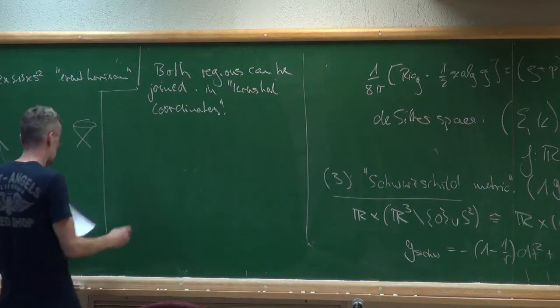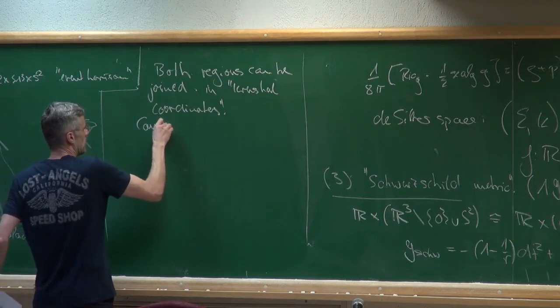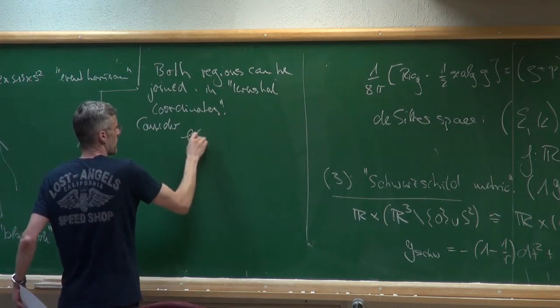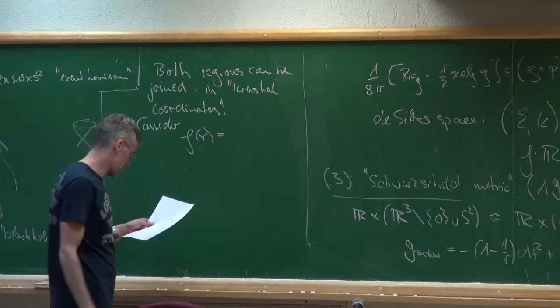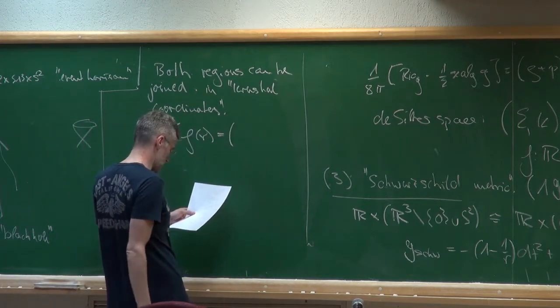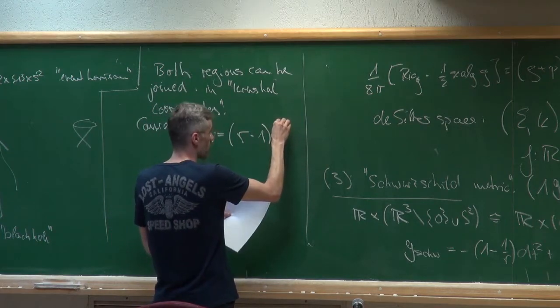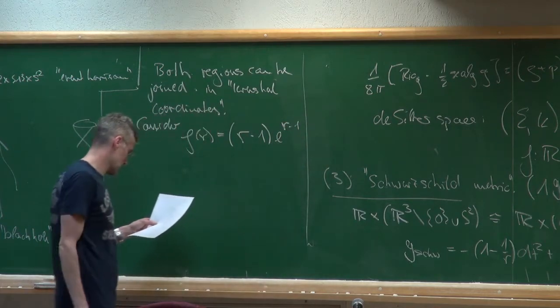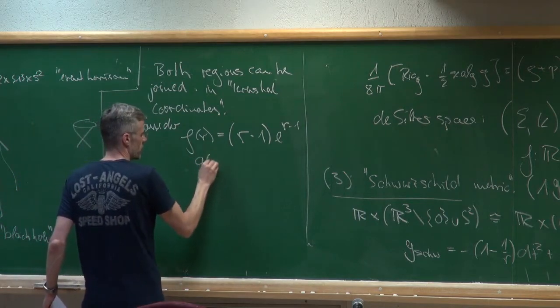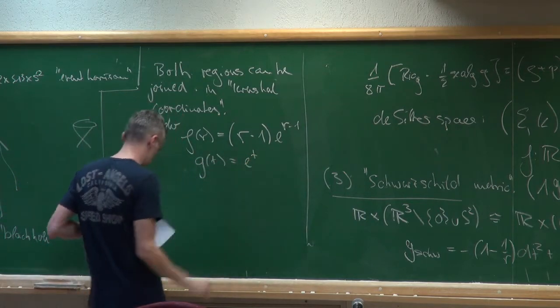What are they? Well, you consider the following function, f of r, which is nothing but, if I'm not mistaken, (r minus 1) e to the power r minus 1. And you look at g of t, which is nothing but e to the power t.